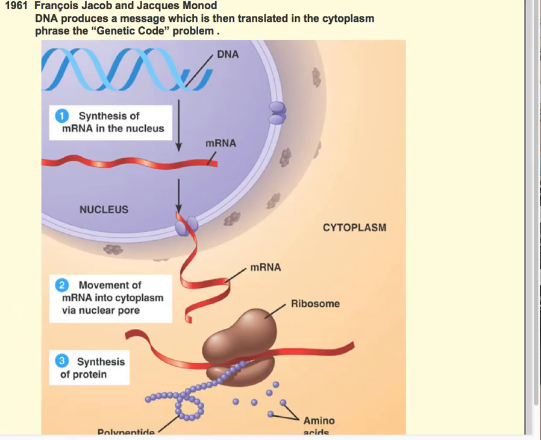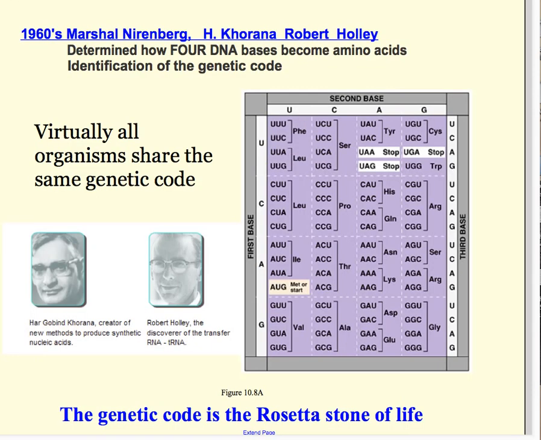What the amazing thing is, the work of Gobind Khorana and Robert Holley, who were the people who came up with this genetic code. And they got a Nobel Prize for their work where they figured out the combinations of the four DNA bases and how they turn into amino acids. And we did a little bit of work on this in class.